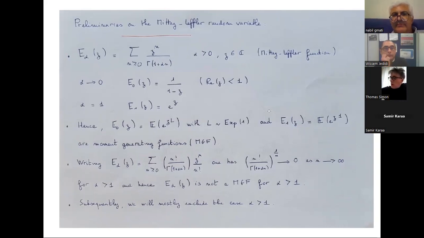So when alpha equals 0, you recognize E0 of z as the moment generating function of the standard exponential random variable with density e to the power minus x on R plus. When alpha equals 1, then there is also an underlying random variable, which is simply the constant 1.